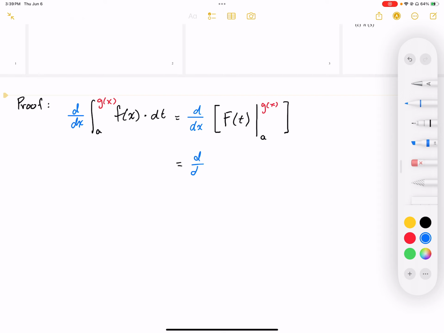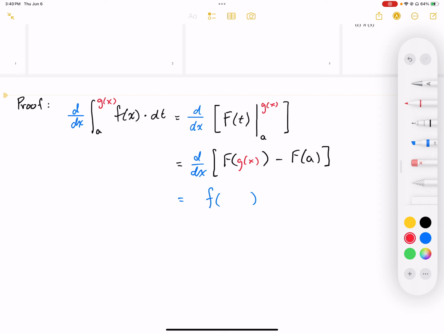So d over dx. That integral is evaluated when I plug in my g of x as one bound minus my a as the other bound. Okay, when I differentiate this, the derivative of big F is going to be little f. I'm back to where I started.